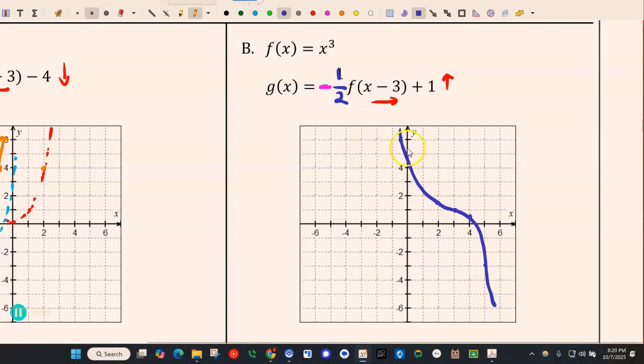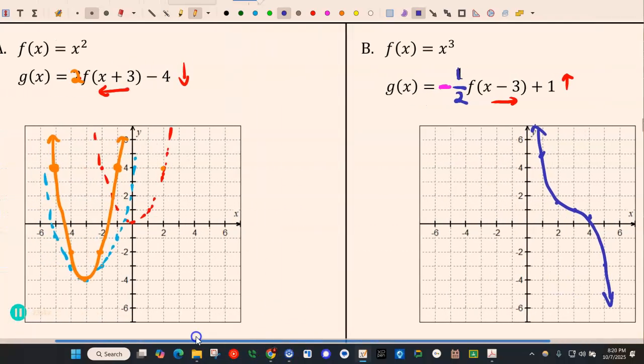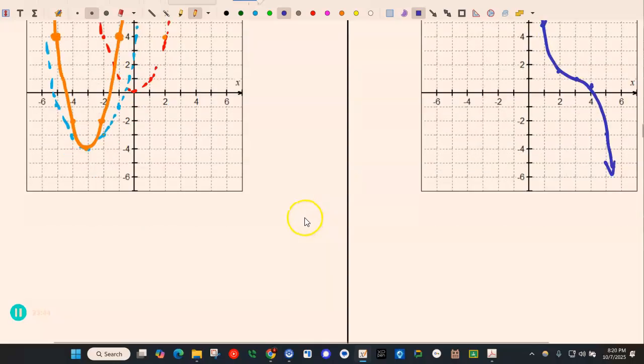Oh, that's not right. One more time. 5. Yeah, it didn't look symmetrical, so I knew something was wrong. There we go. Perfect. Okay. Love our graphing calculators, and we love Desmos to help us out.